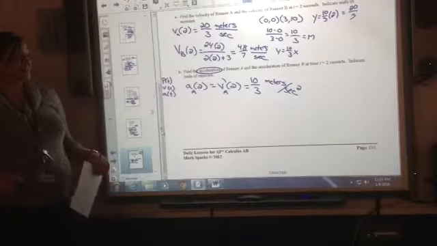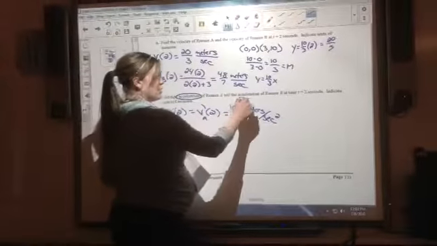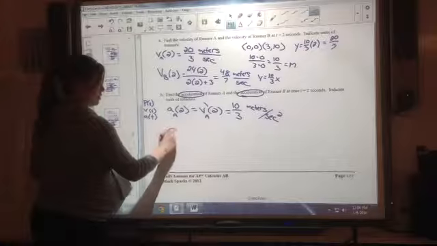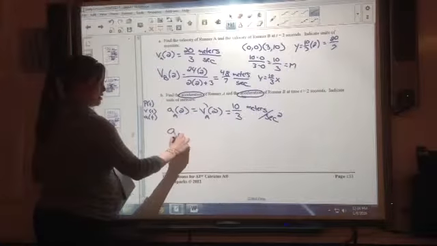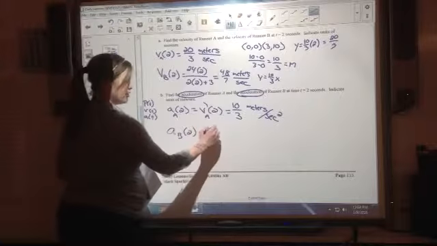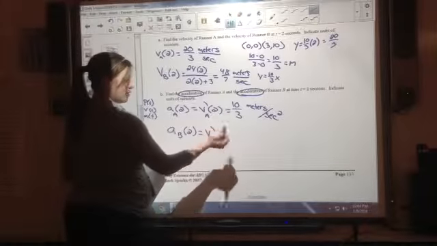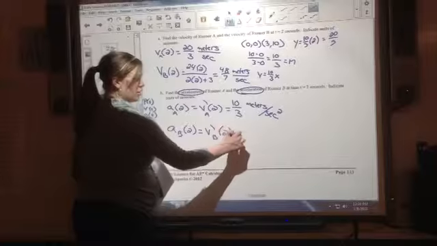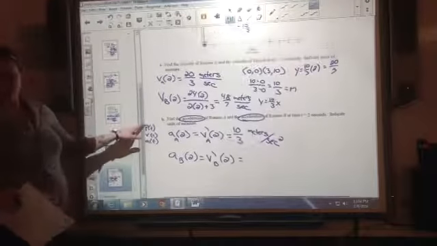Okay, the acceleration of runner B at time t equals 2 will be the same as the derivative for B at 2. But this one was given by a function.